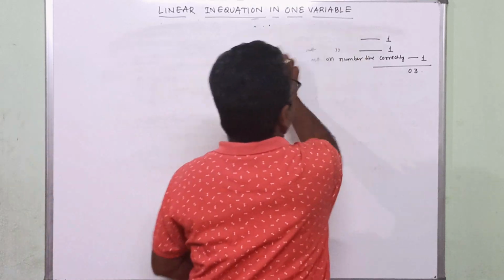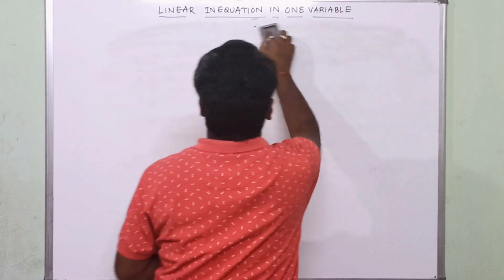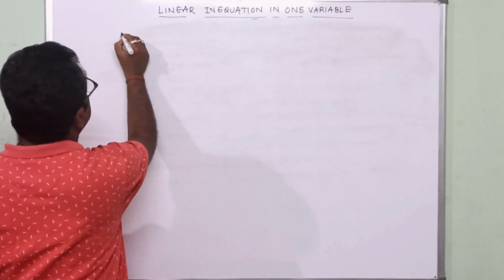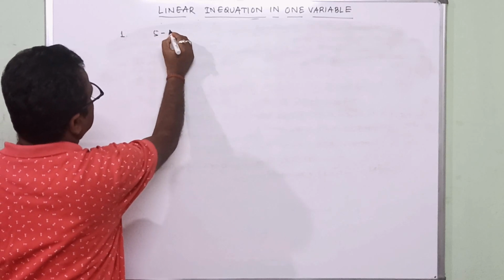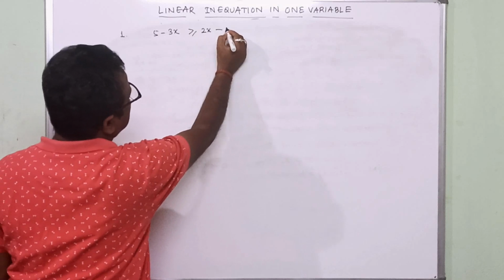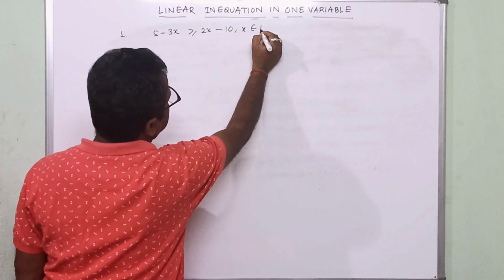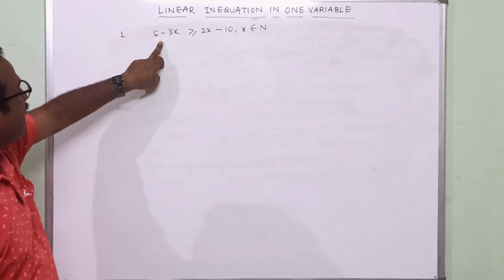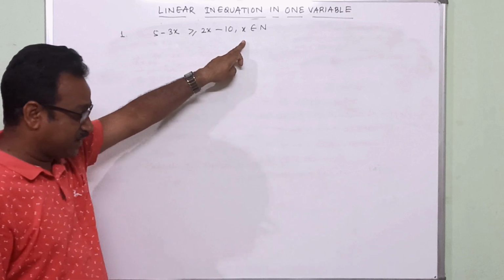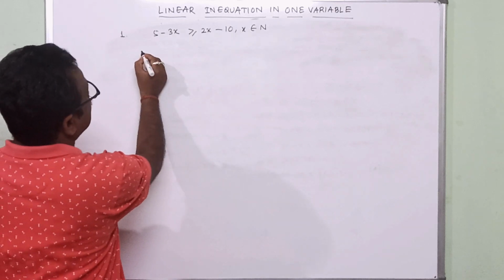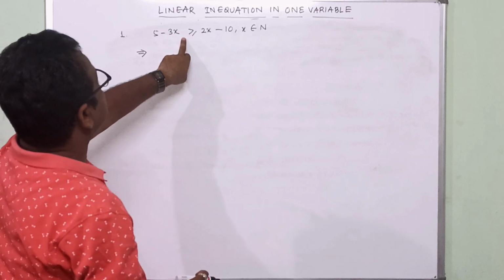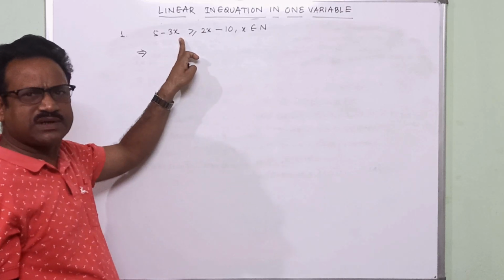So now in question number 1: 5 minus 3x greater than equal to 2x minus 10, x element of N. This type of question was there in class 8.